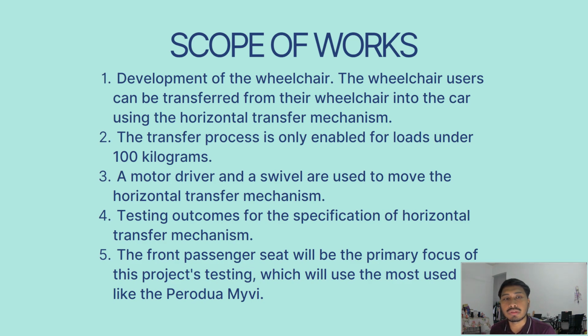The second is that the transfer process is only enabled for loads under 100 kilograms, and a motor driver and a swivel are used to move the horizontal transfer mechanism. Then we need to test the outcomes for the specification of the horizontal transfer mechanism. The last one is that the front passenger seat will be the primary focus of this project testing, which will use the most used car, the Perodua Axia, both the old generation and the new generation.